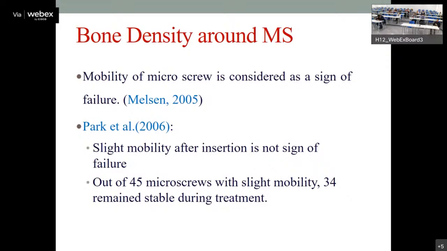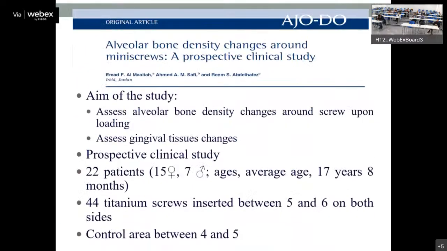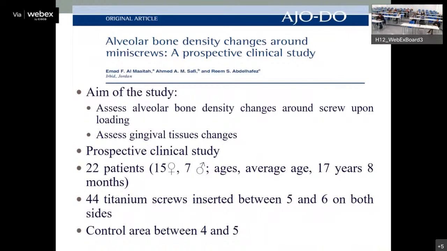So why after insertion is there slight mobility but a high percentage of the screws were successful? What happened? We thought about doing a clinical study to assess the alveolar bone density change around the screw upon loading, and also to assess the gingival tissue changes. In a prospective clinical way, we recruited 22 patients with average age of 17 years and 8 months.